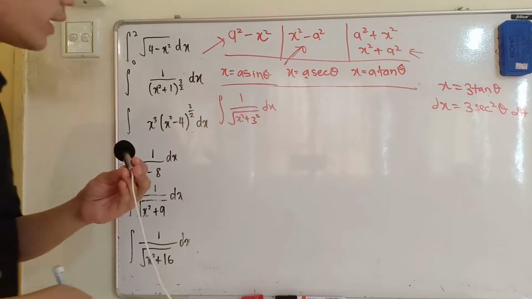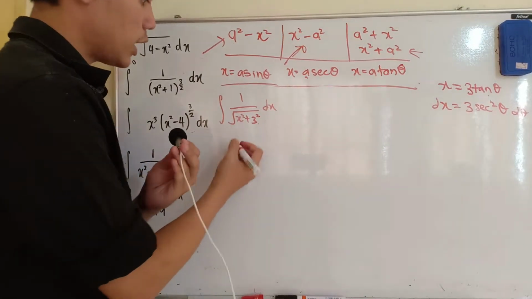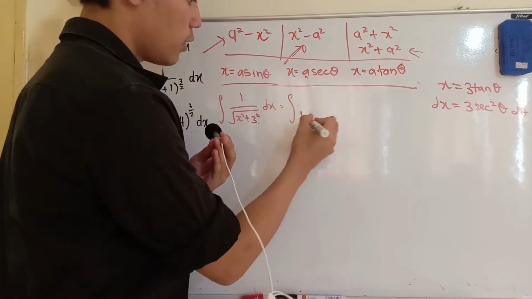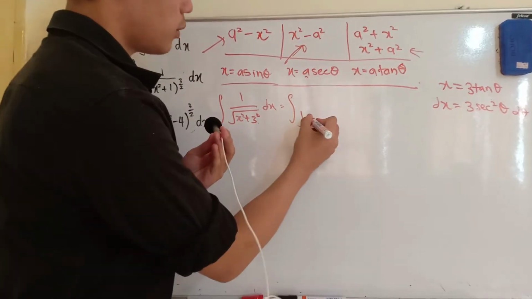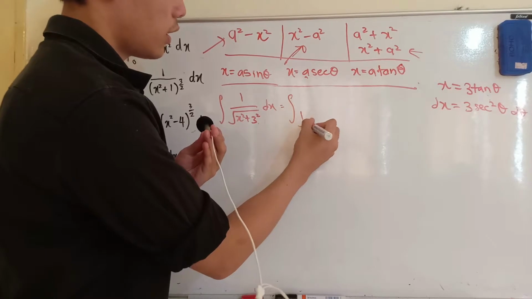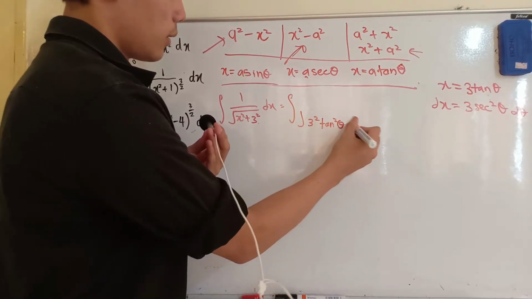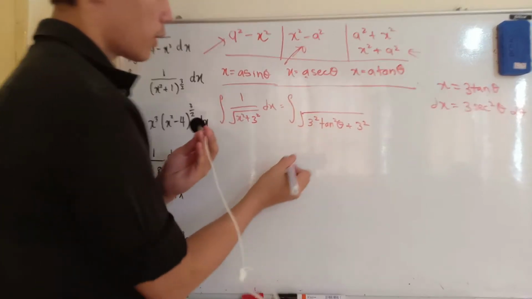What I'm going to do later is substitute. I'm going to have here s squared, so 3 tangent squared plus 3 squared.